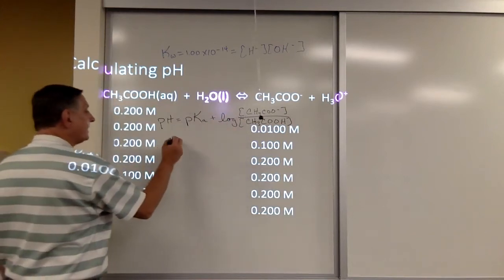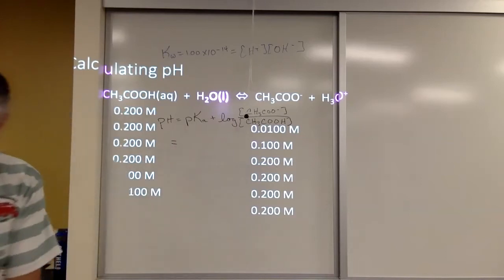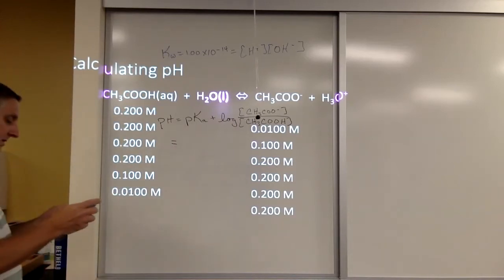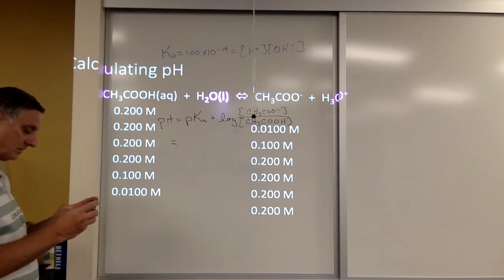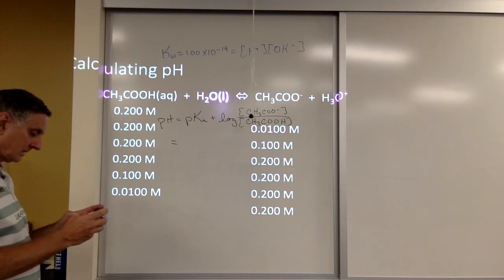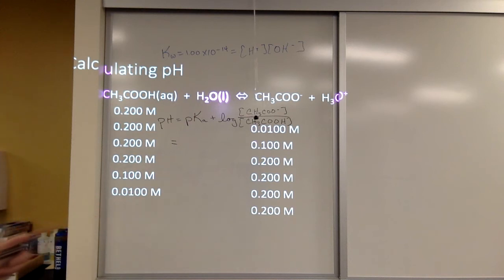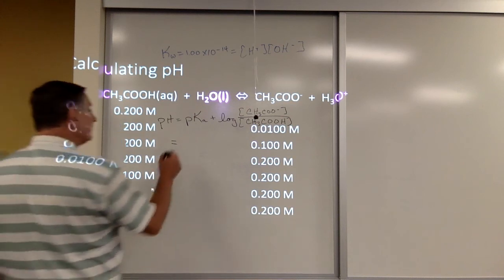What is the pKa? Negative log of 1.75 times 10 to the minus fifth, 4.757.